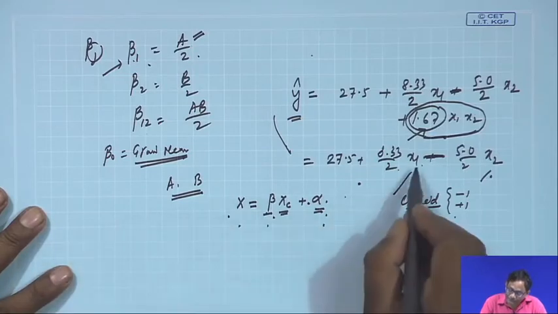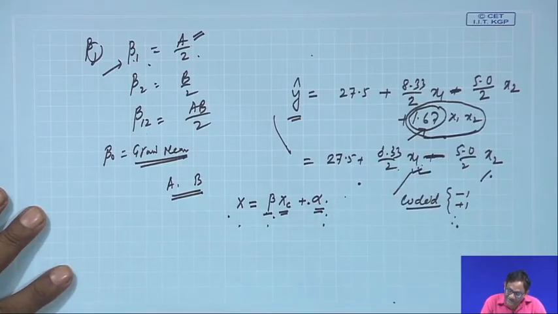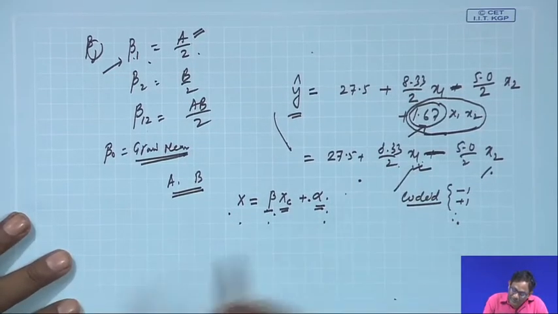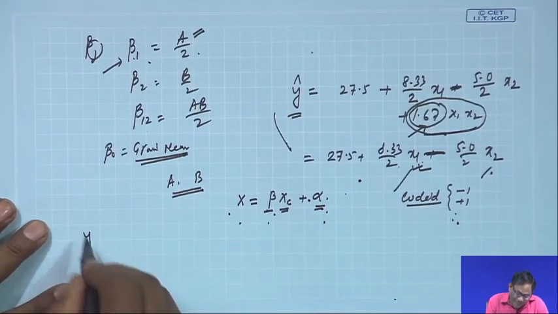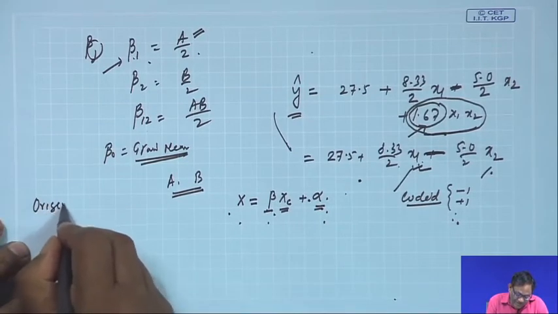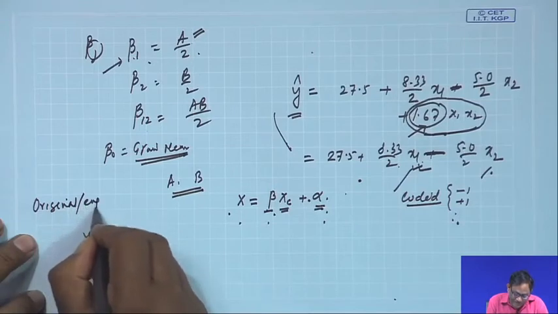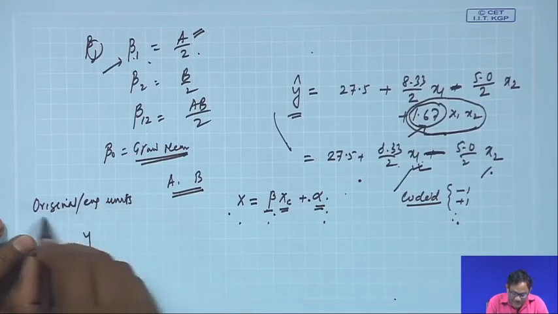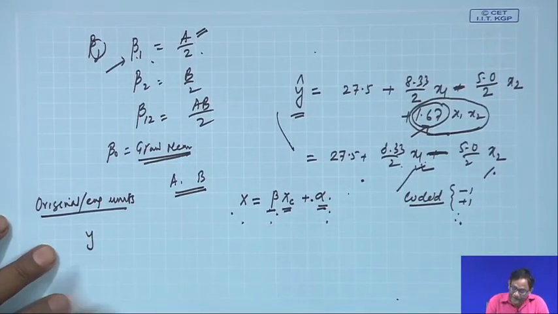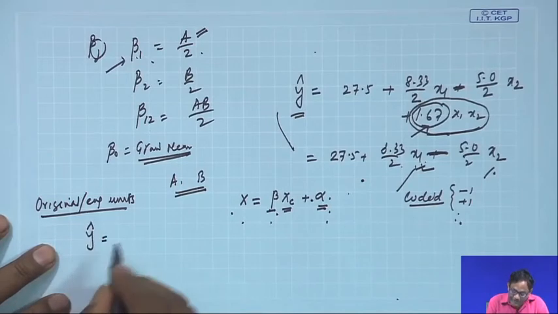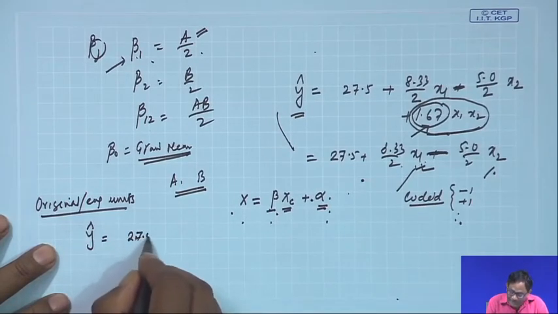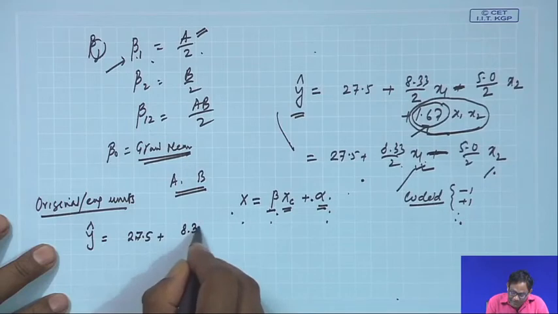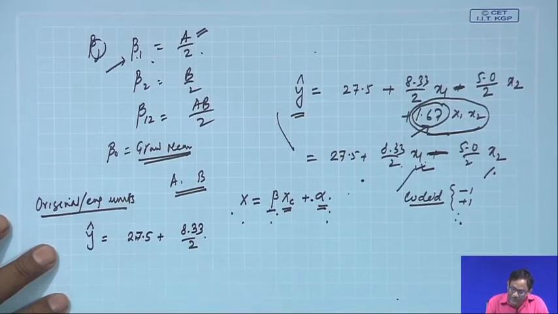In this case we will use this. We want the regression equation in the original engineering units. So, the regression equation y cap will be 27.5 plus 8.33 by 2 into x1.